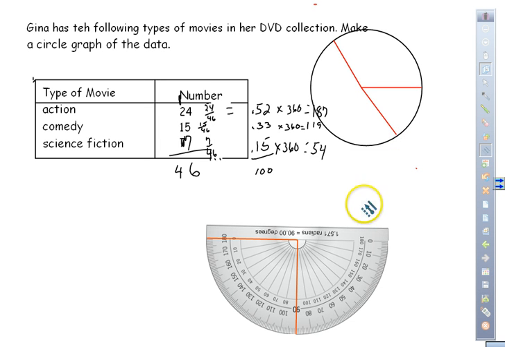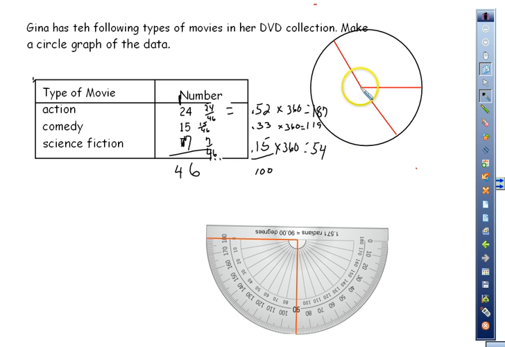Now, as you look at this, okay, 187 degrees, my straight line would probably go all the way out to about right here. This part right here should be 7 degrees larger than that 180. That's how it bends backwards.